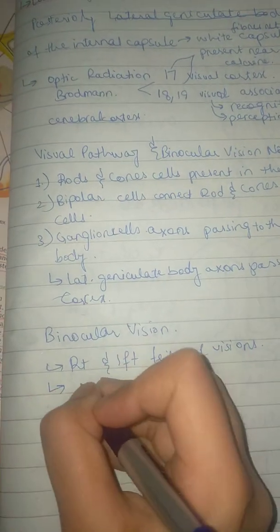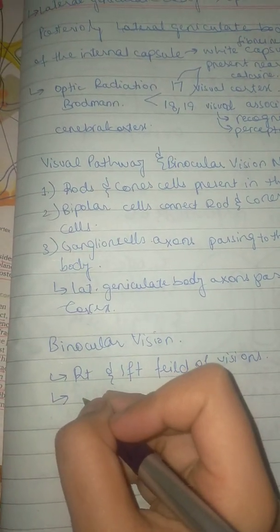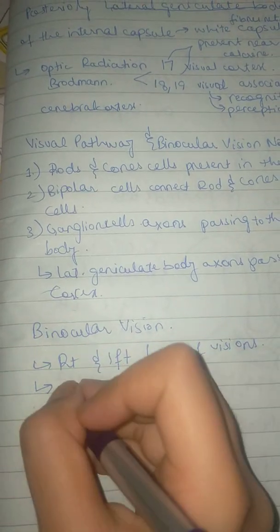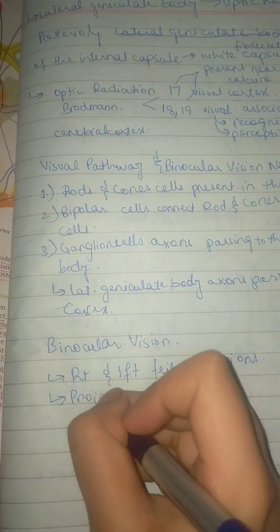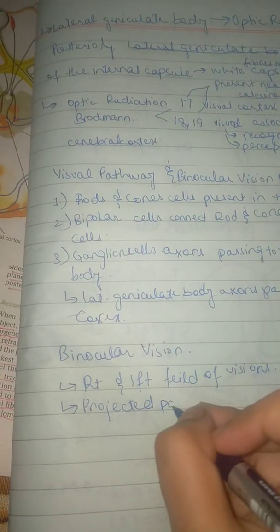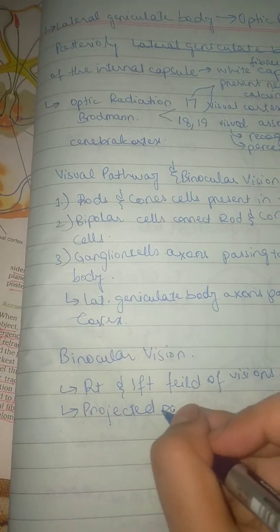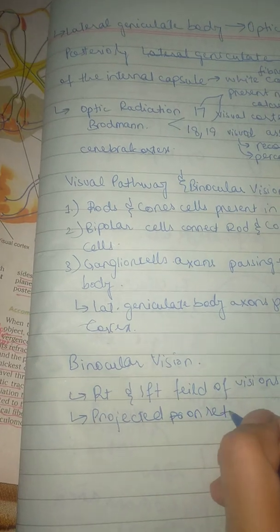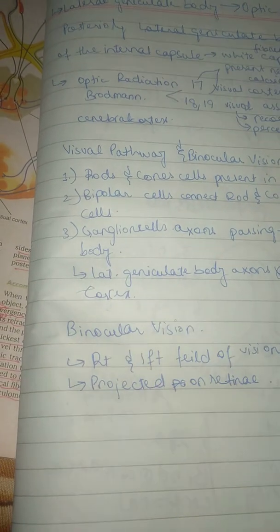These fields are projected on both portions of the retina, on the retinae of both the left and right eye. Now, for example, let me show you a diagram.